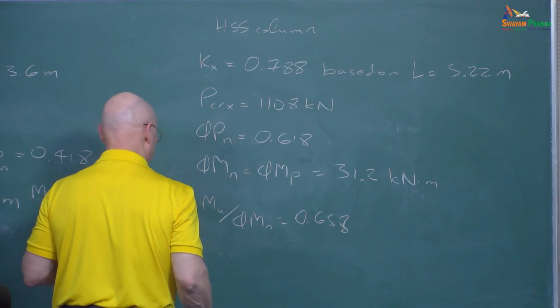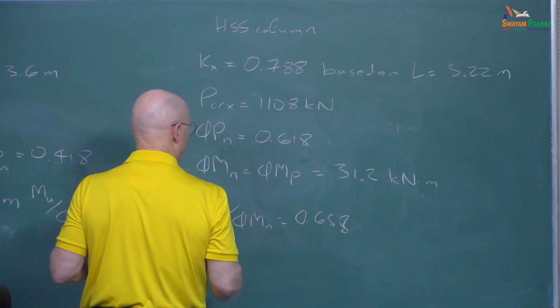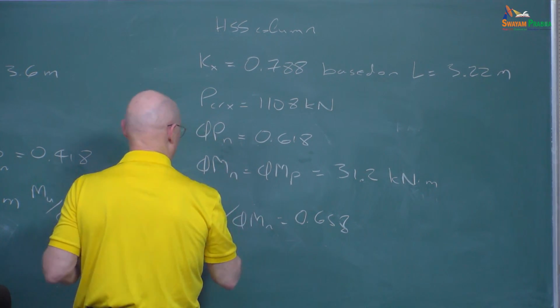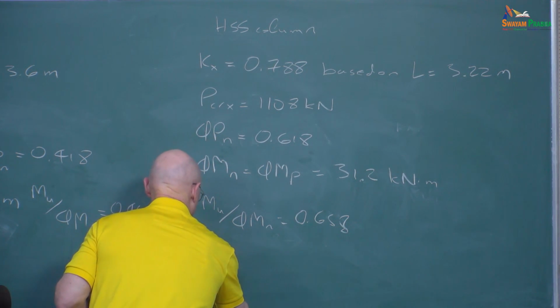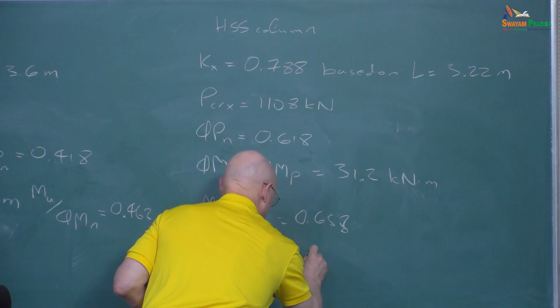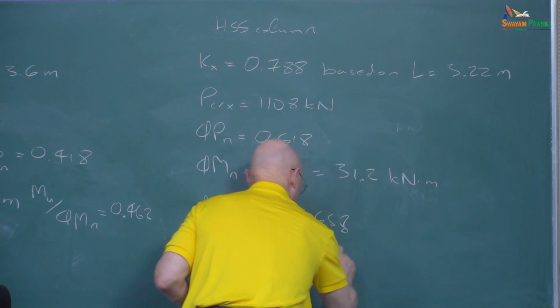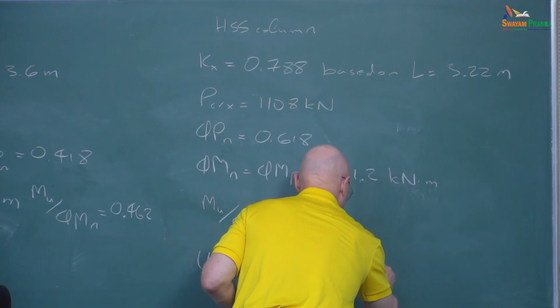And the unity check, so here this would be by AISC, unity check equals 0.618 plus 8 over 9 times 0.658.